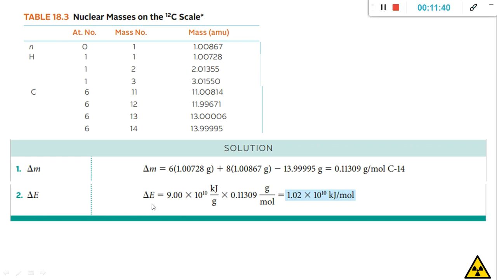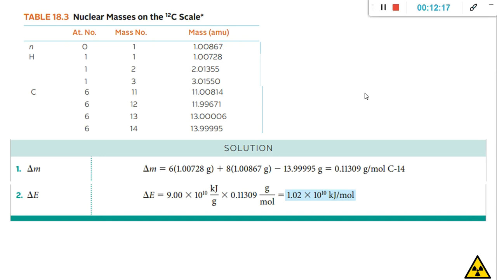We will have delta E equal to 9.00 times 10 raised to 10 kilojoule per gram times the delta M, so we will have 1.02 times 10 raised to 10 kilojoule per mole. Just a reminder, never round off the atomic mass. You should write the complete atomic mass. Again, do not round off the atomic masses of the atoms.